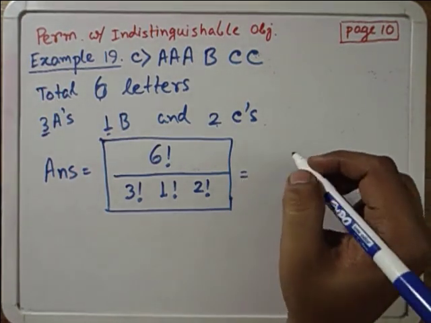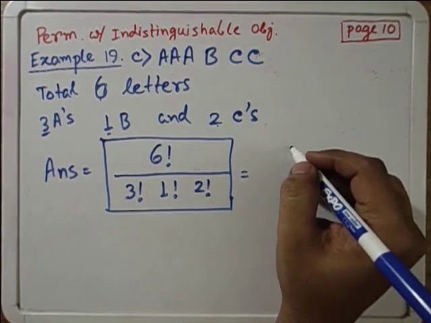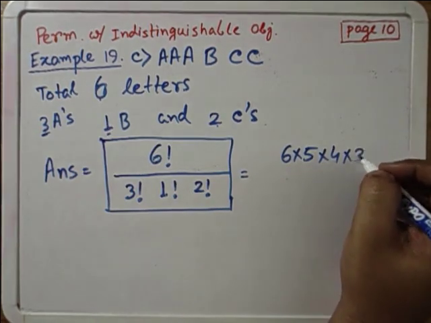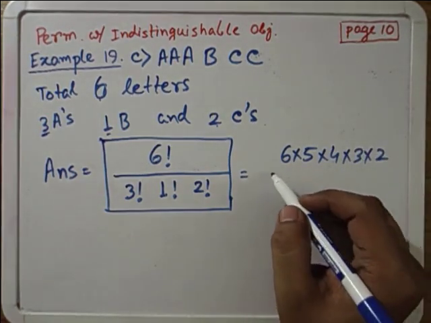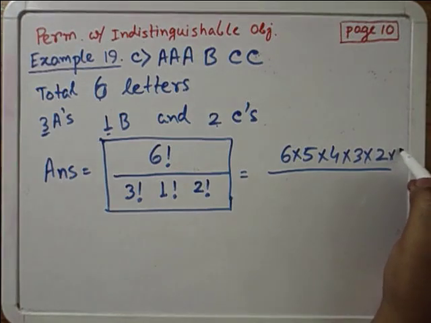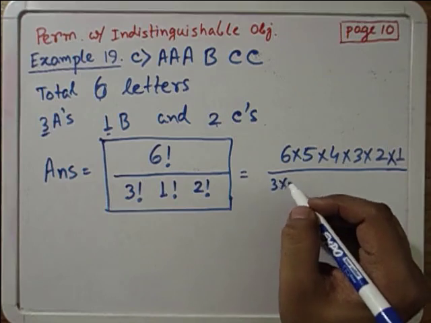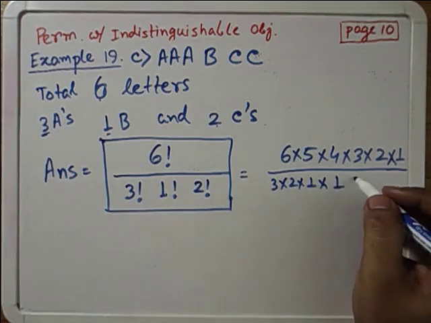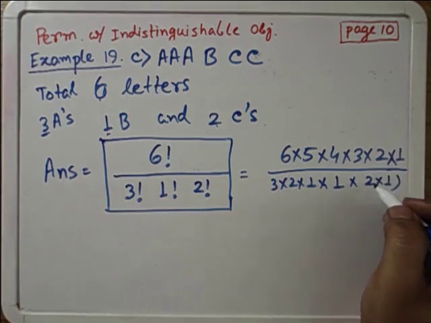If we simplify it, it's 6 times 5 times 4 times 3 times 2 times 1. And here we have 3 times 2 times 1 times 1 times 2 times 1.